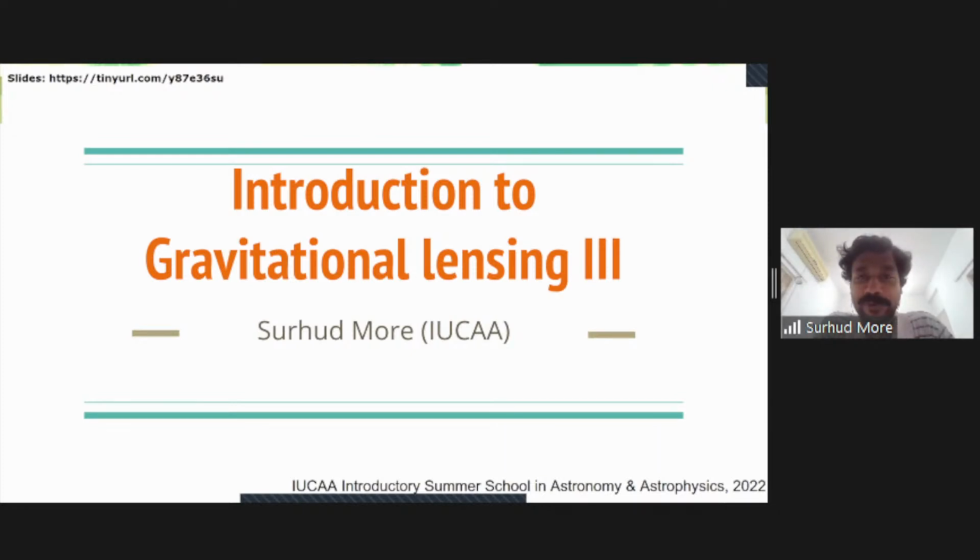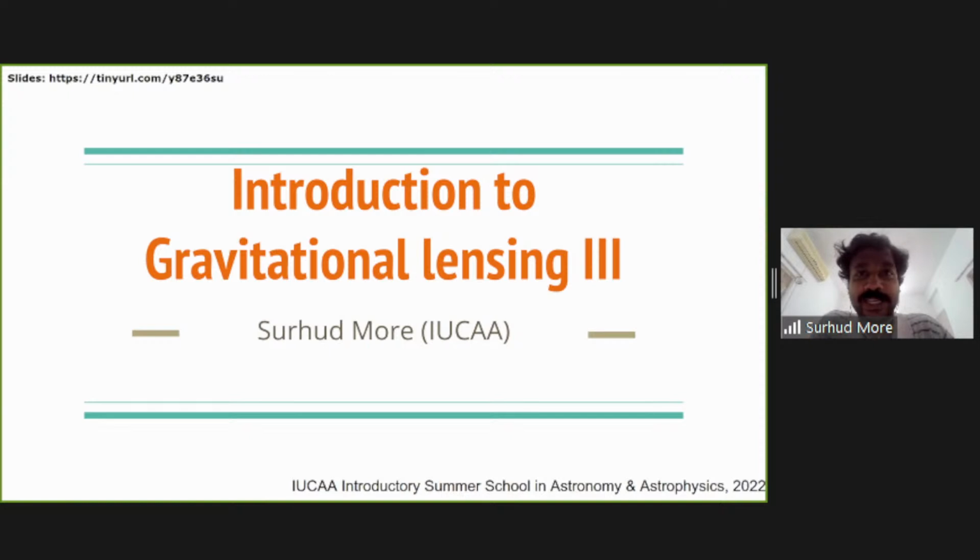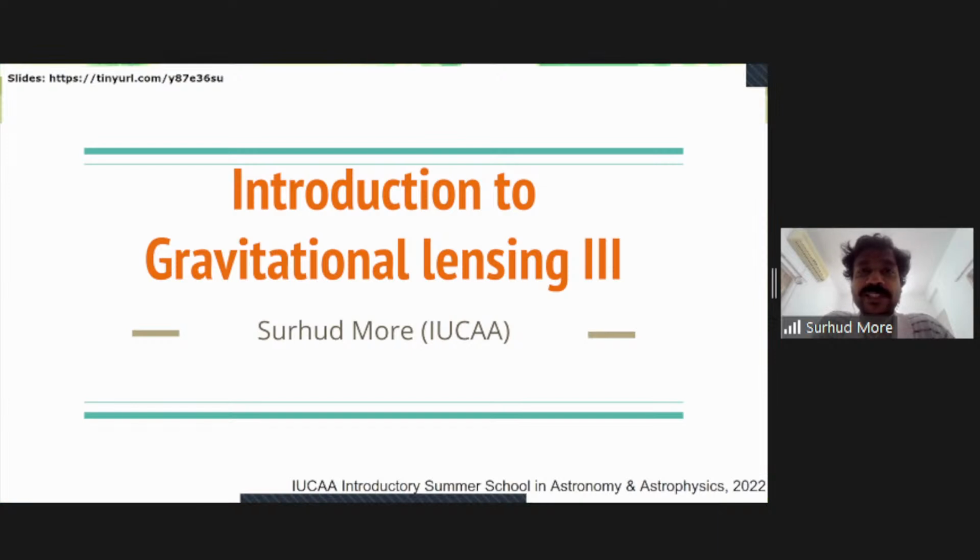Then yesterday you heard from Anuprita, who told you more about strong gravitational lensing and how the equations that we had derived can be used to learn about the matter distribution in galaxies, especially when there are multiple images forming, and you can study their locations, their individual magnifications, as well as the time delays coming from these images.